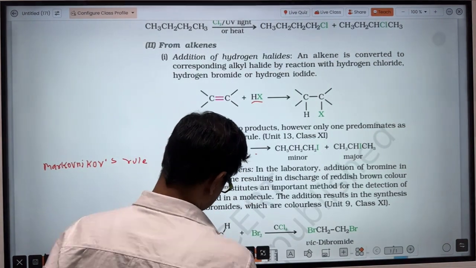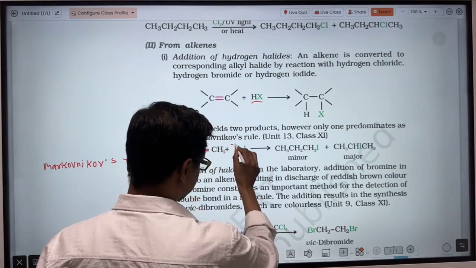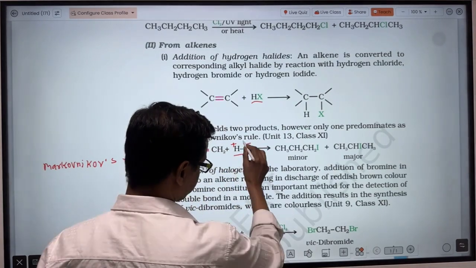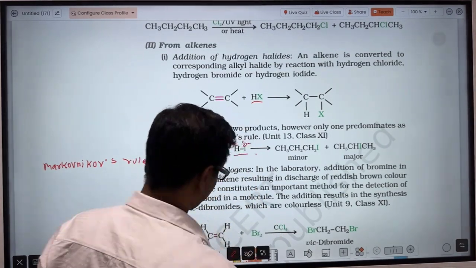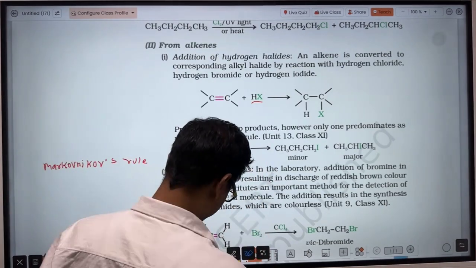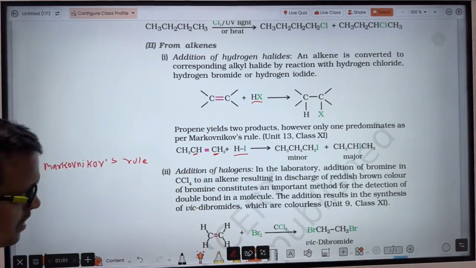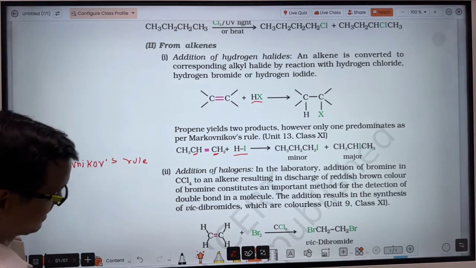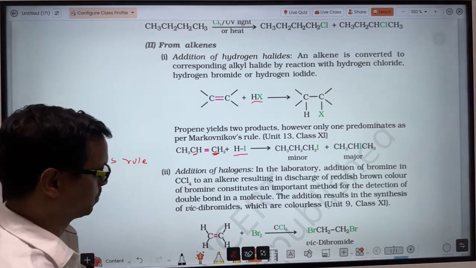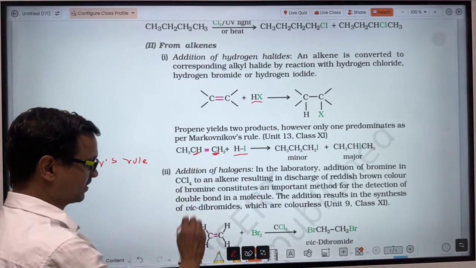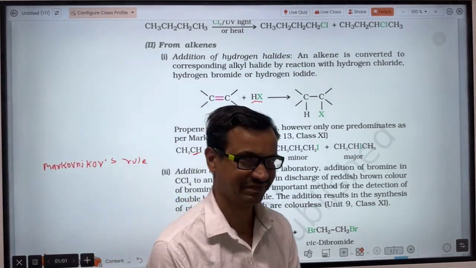So let's see here, in HI, hydrogen is the positive part and iodine is the negative part. This carbon is unsaturated and this carbon is unsaturated, of which this carbon contains 2 hydrogens and this carbon contains 1 hydrogen.